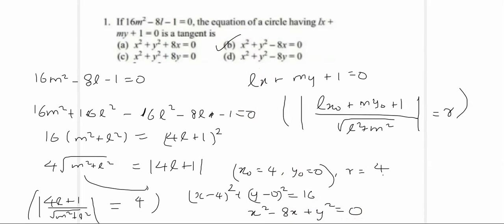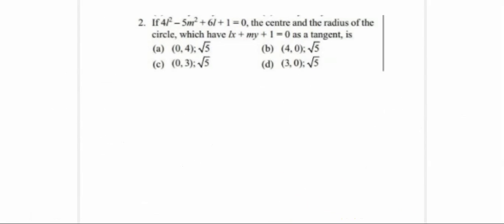Okay, next question. This is the next question with the same passage, and here also we do the same thing. We have l square, but unlike the previous question, we have both l square and m square terms here, so we have to choose what to add and what to subtract carefully.